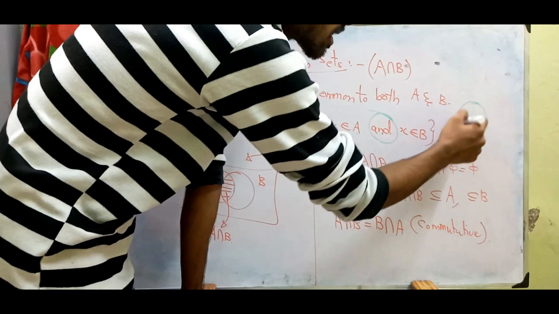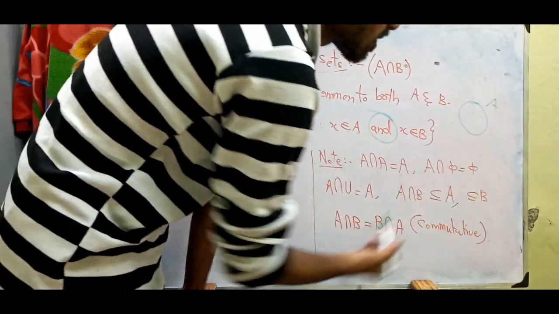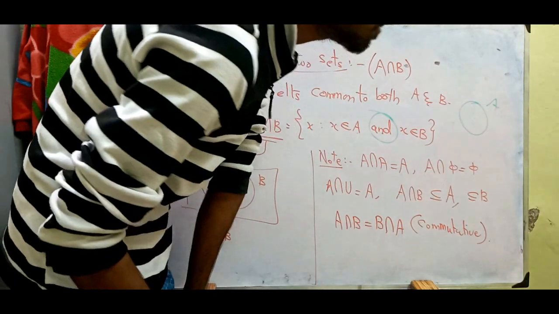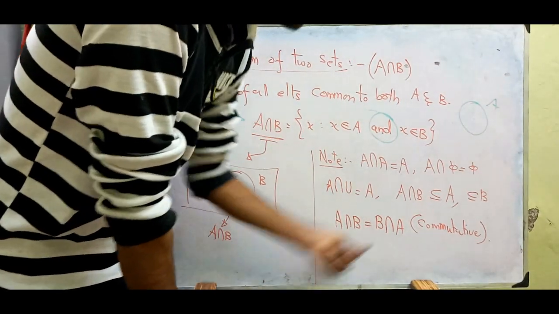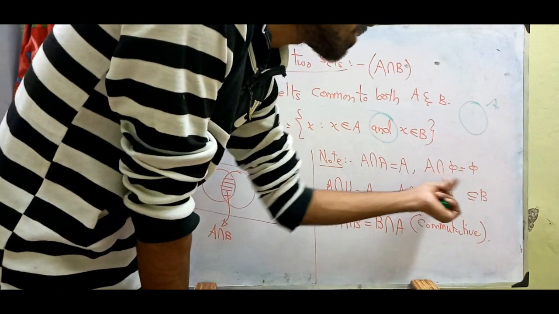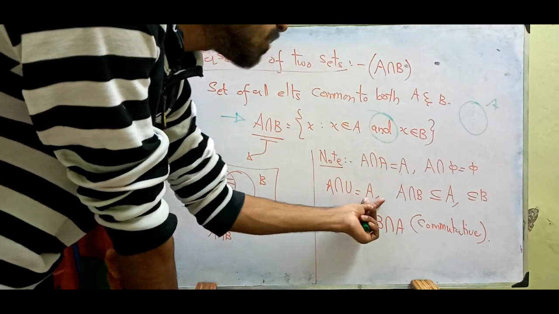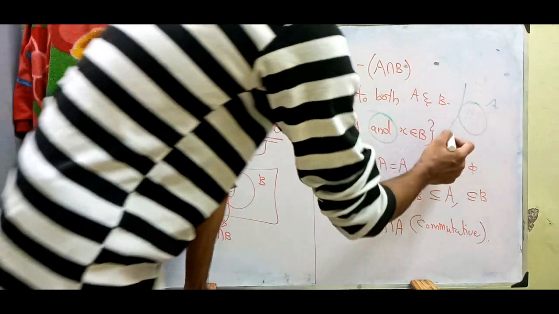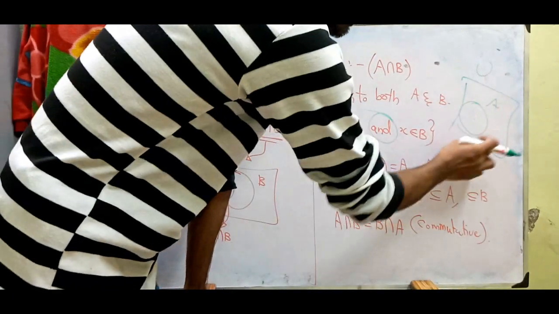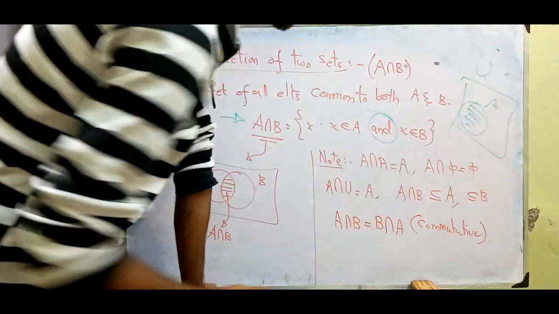If I intersect this set with itself, it again becomes that set itself. Okay, so A intersection empty: you have to see the common elements between A and empty, and that would be empty itself. And A intersection U will be A, because whatever you take of U, if you intersect it with A, only the common portion remains, which is A.